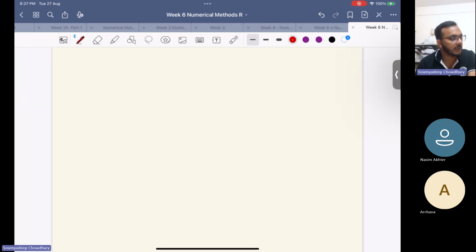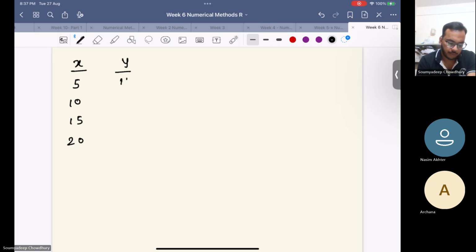We'll do the same problem, right? I'll bring the problem again. The first problem which we did, x and y was given, not the non-linear one. So it was x: 5, 10, 15, 20 and y: 10, 55, 92, and 120. So now x and y are given to you. From this, first we will find out what is the X matrix.